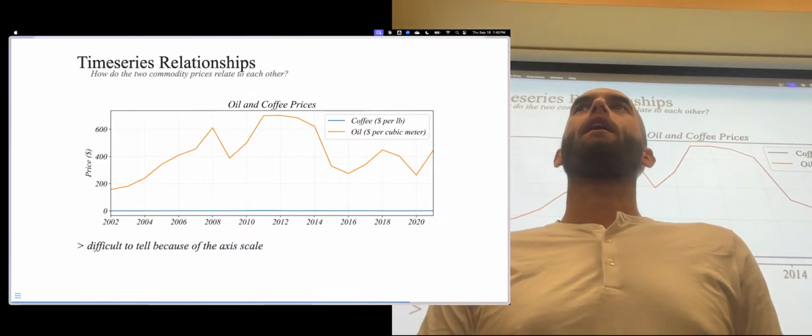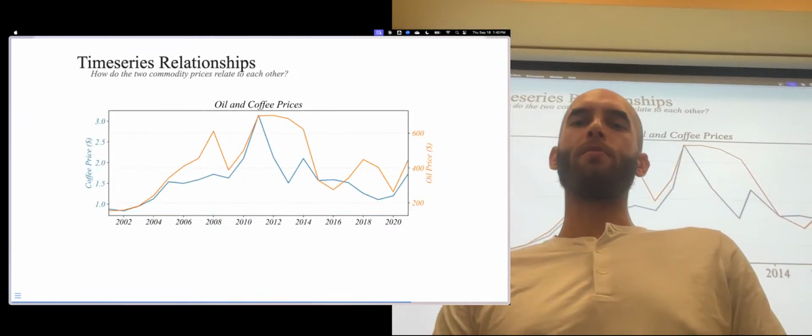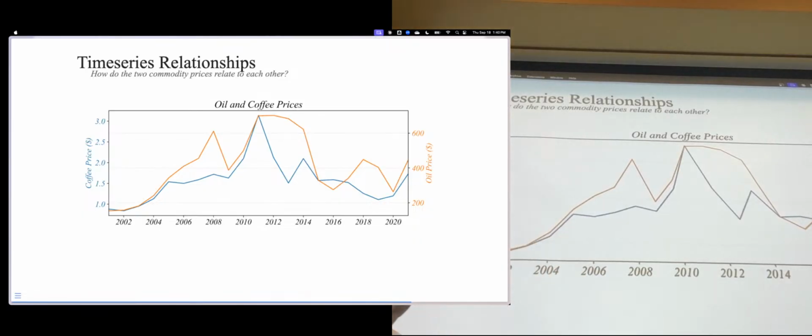What if we use different scales? This is what we call a twin plot. I'm not going to ask you to make one of these, but this is one thing we can do. We have two series, right? We can use different scales for each of the two series.